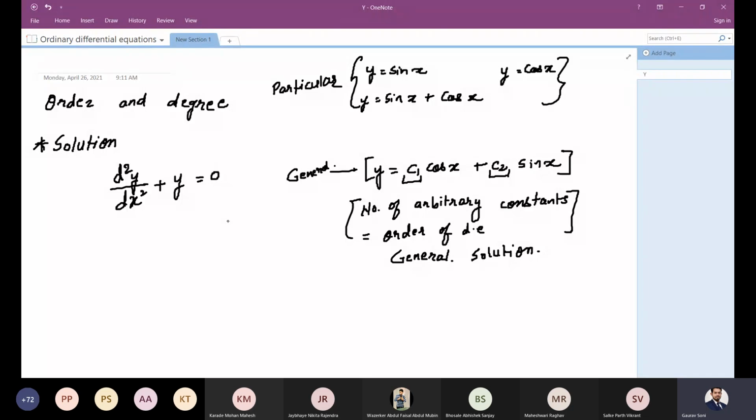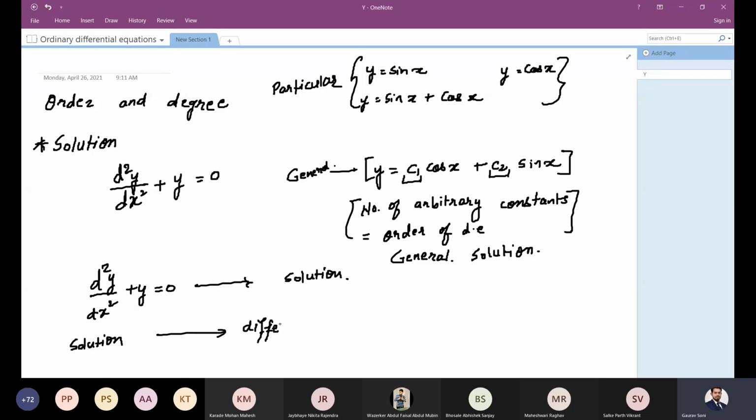So we need to understand one thing. We are doing it two ways. We have a differential equation and I can find the solution of the differential equation. Also, if I have a solution of a differential equation, I should be able to find the differential equation corresponding to it.